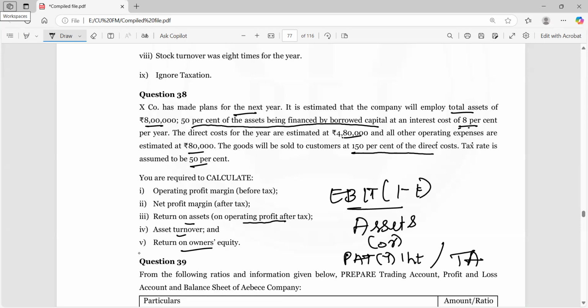What is operating profit margin after tax? 22.2%. Next, net profit margin, how much? 64,000 by sales of 7,20,000. 8.8%.